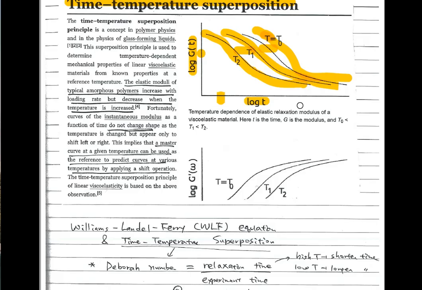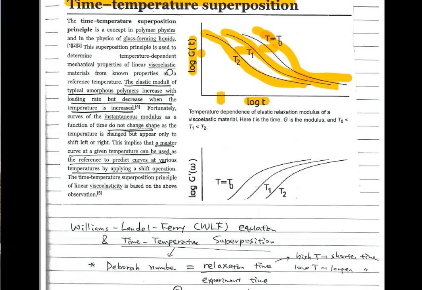Basically it means that a short time scale at high temperature gives the same result as you do the experiment at a long time scale at lower temperature. So all you need is just one master curve and how much shift you get when you change the temperature.